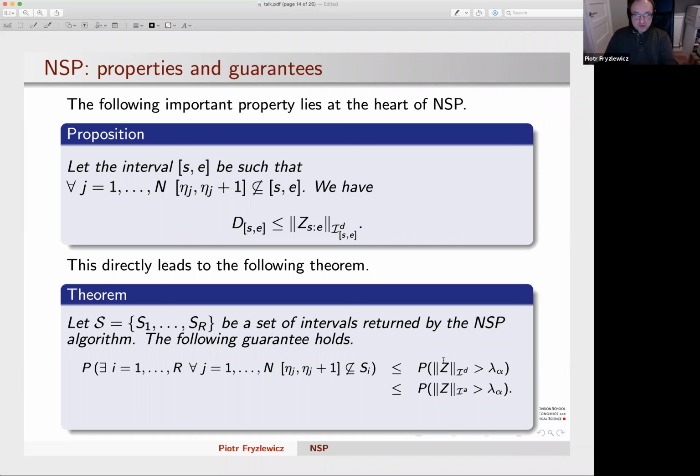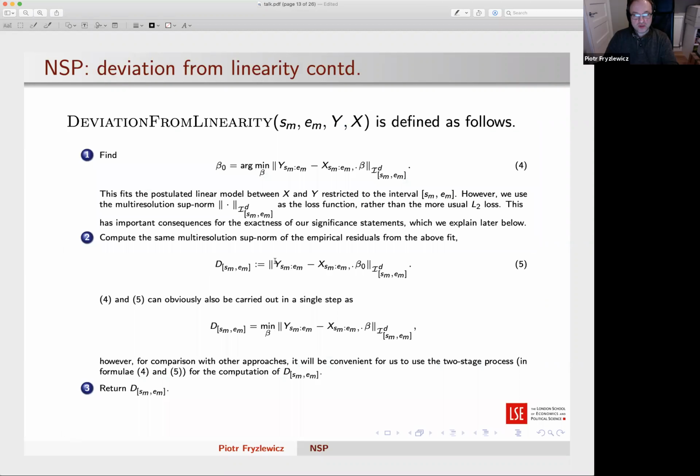So what are those statements? There's this very simple proposition which says that if I have an interval SE without a change point in it, so there's no change point that lies within this interval, then my deviation from linearity D on the left-hand side of the proposition, what is this deviation from linearity? It's the multi-resolution subnorm of the residuals from my fits. Look at formula 5, it's defined there.